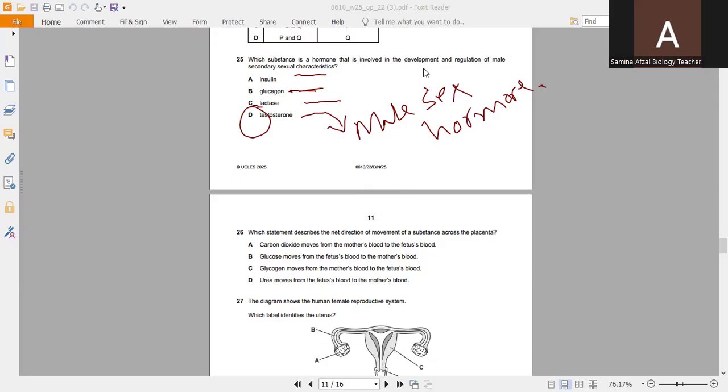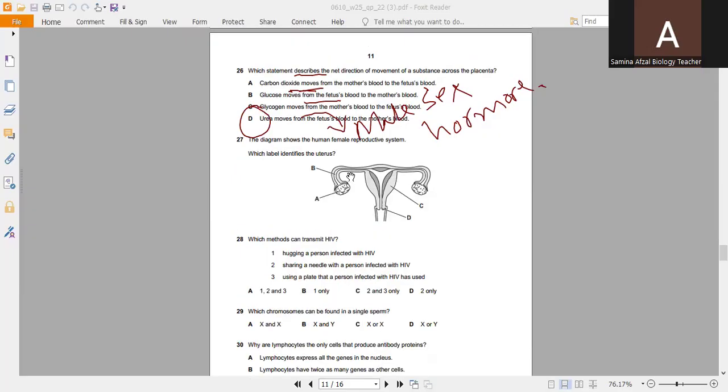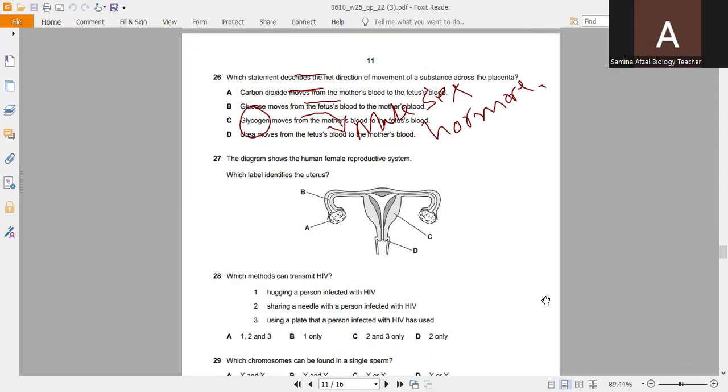Now, question number 26. Which statement describes the net direction of movement of a substance across the placenta? Carbon dioxide moves from the mother's blood to the fetus's blood.